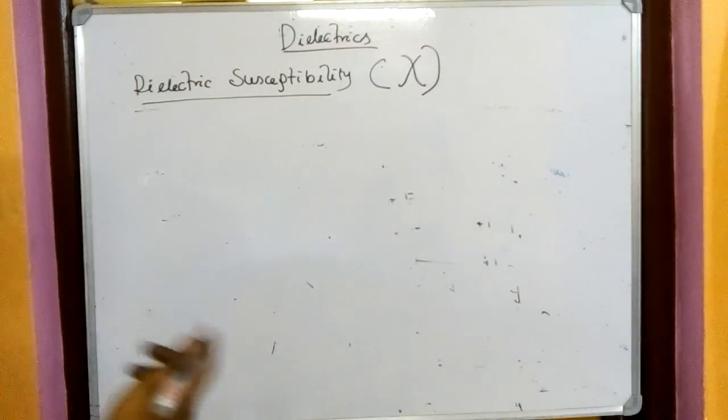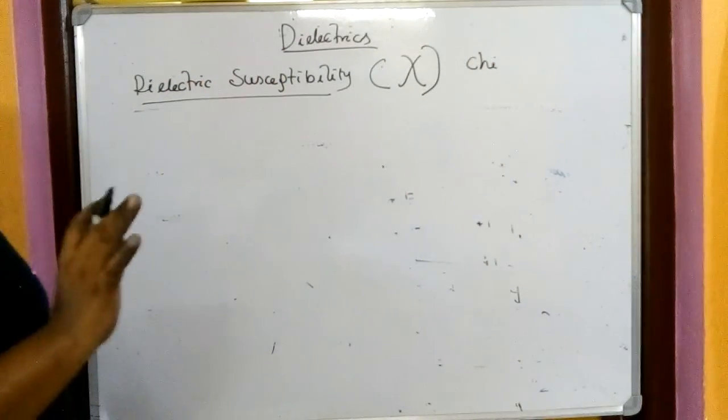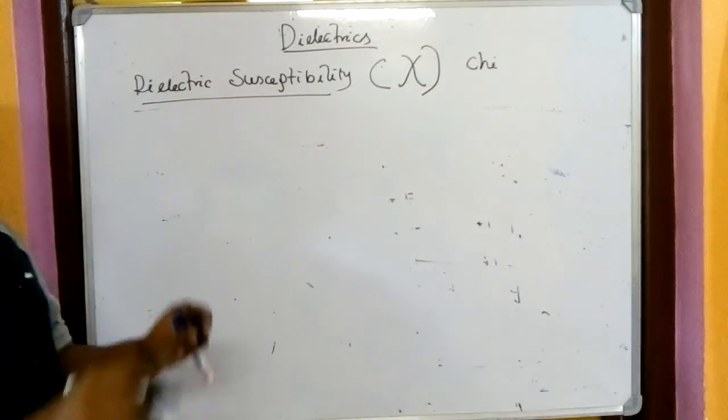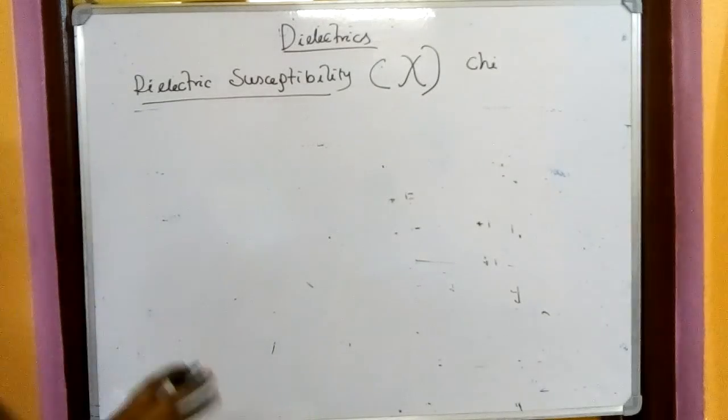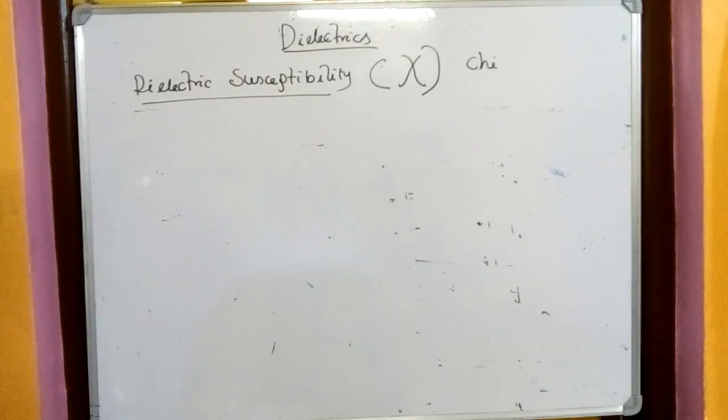Chi. Don't think of the spelling; the pronunciation of this symbol is chi. So dielectric susceptibility is what?